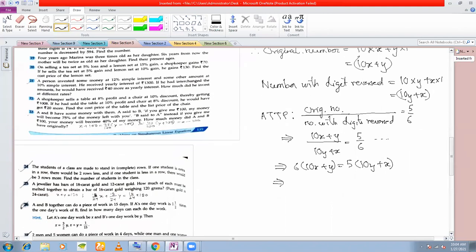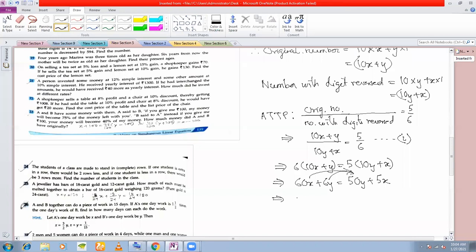Now note this. Let us call this 1. We'll come back to this condition for the second sentence. So 60x plus 6y is equal to 50y plus 5x. You take everything on this side.